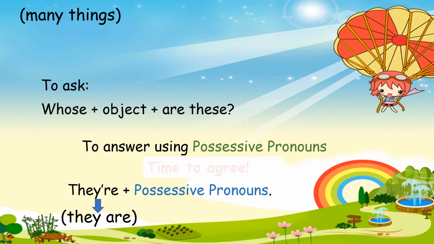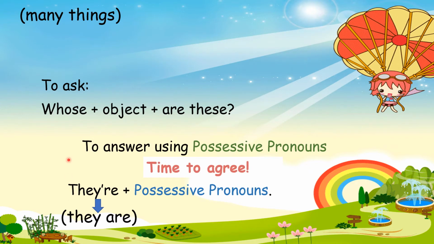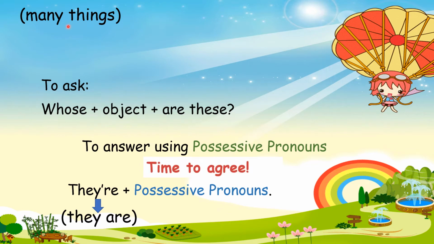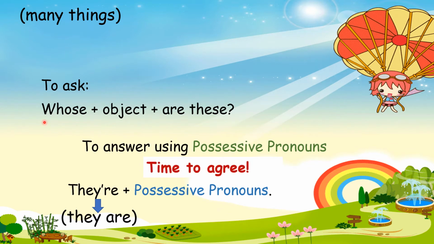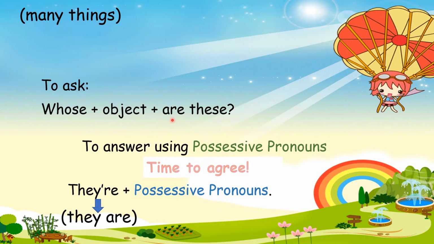Now class, in this slide we are going to learn how to ask the ownership of many things. To ask about the ownership of many things, we start the question with the word whose, followed by the name of the object, and followed by "are these."